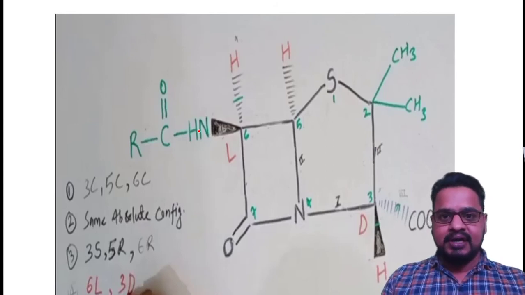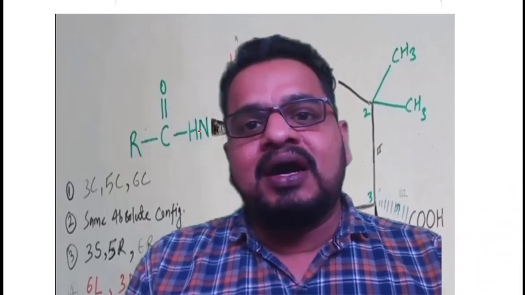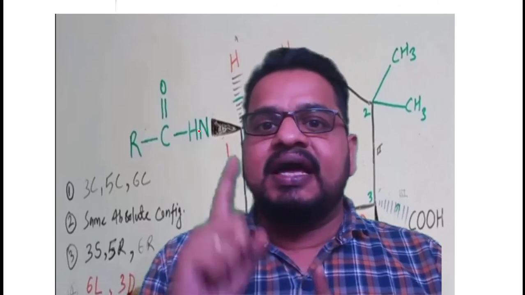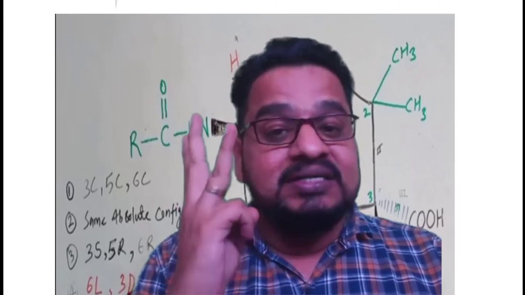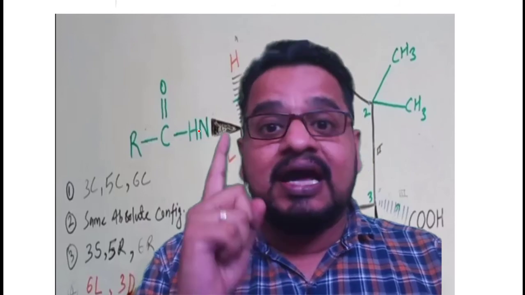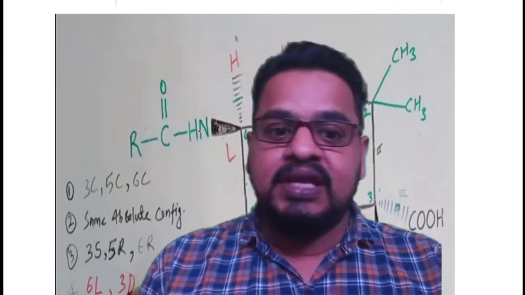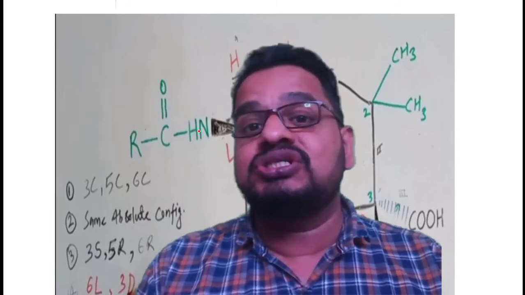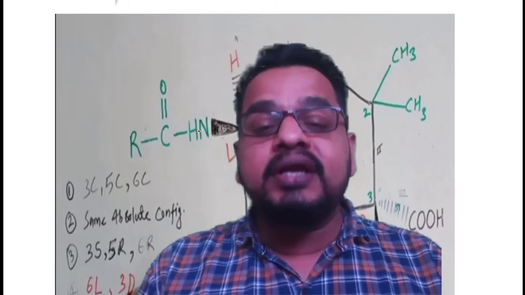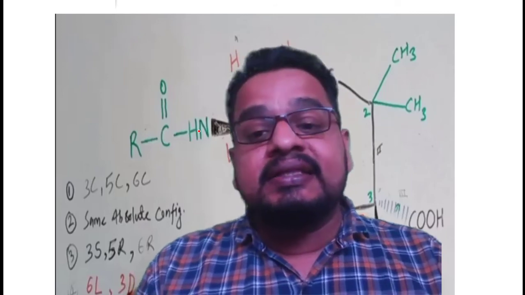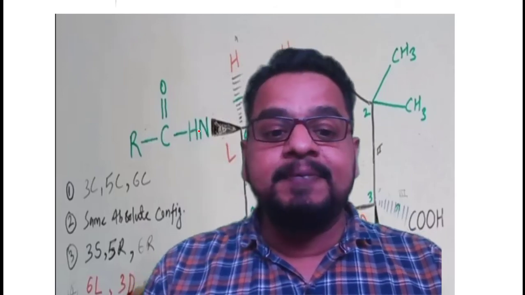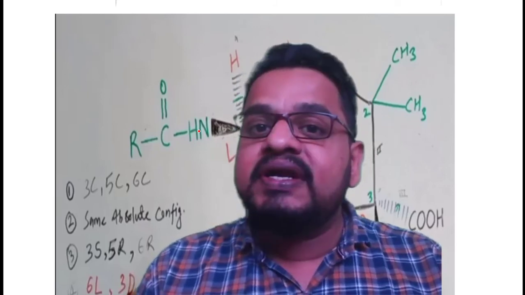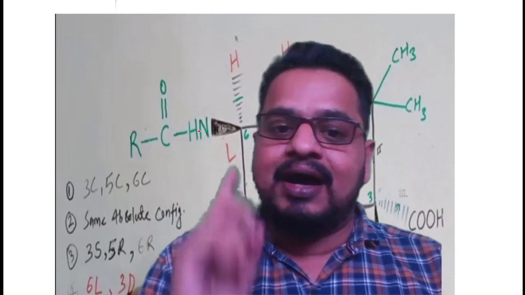So in short, I'll explain the stereochemistry of the penicillin ring. First thing is it is having 3 asymmetric carbon atoms: third carbon, fifth carbon, sixth carbon. Second thing, it is having the same absolute configuration even if it is a natural or a synthetic compound. What is that? The third carbon is having the S configuration, the fifth carbon is having the R configuration and the sixth carbon is having the R configuration.